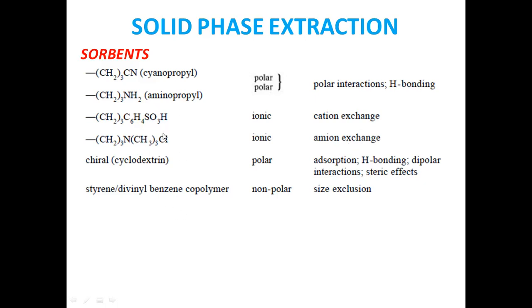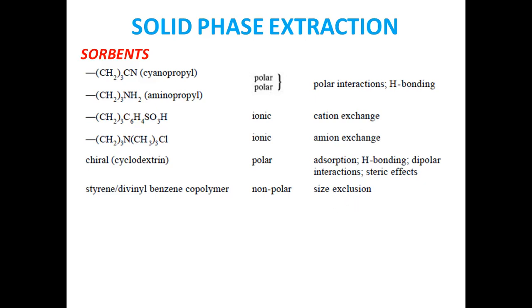But without these groups, if we use only the styrene and divinyl benzene copolymer, that will be a good grain-sized species, which is more suitable for the separation of solutes based on size exclusion.